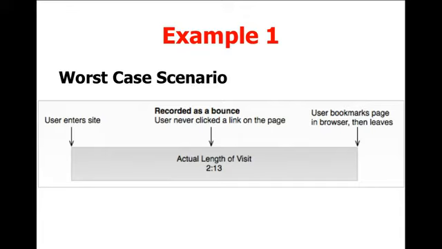In this case, because the time difference between entering the site and the last page view is 0, because they only see one page, this scenario is recorded as a bounce in Google, and the time spent on site is also recorded as 0. So it drags your bounce rate up and it drags your average time spent on site down, even though this person actually spent over 2 minutes reading something on your site. That's what I call the worst case scenario, but that's one of the major problems with this.